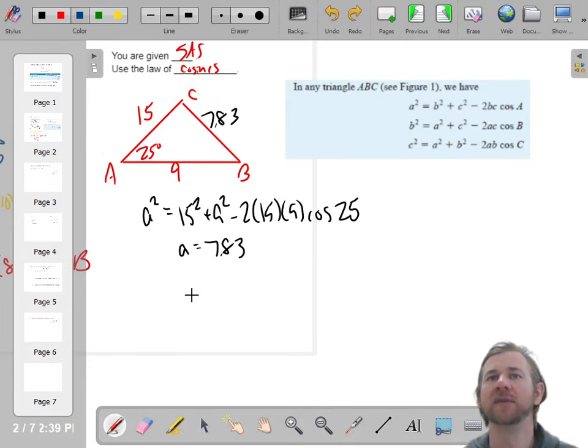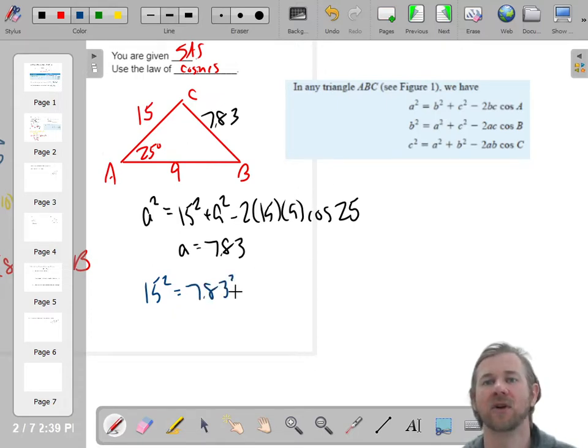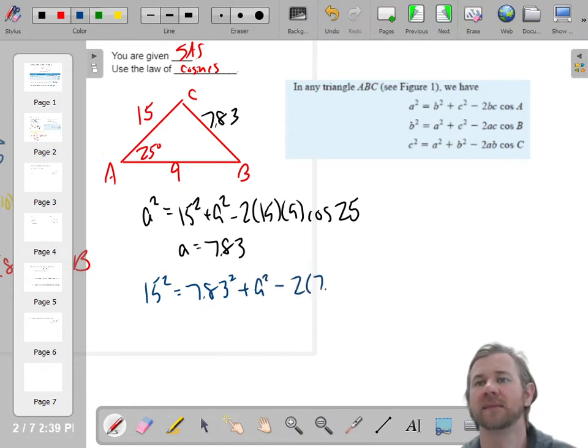B squared, I know b squared. B squared is 15. A squared, I know a squared, 7.83. Again, I'm using all the decimals. Plus c squared, 9 squared, minus 2 times 7.83 times 9, and that's the cosine of b.